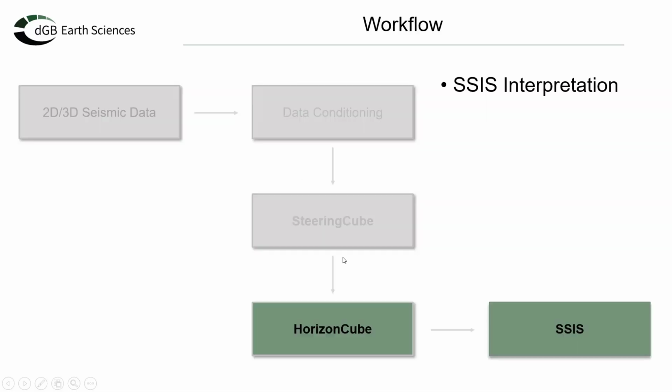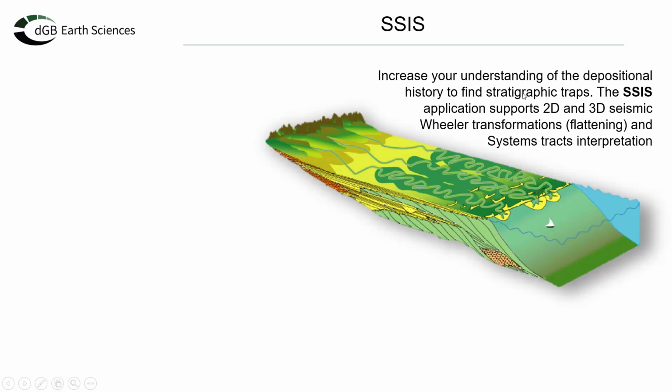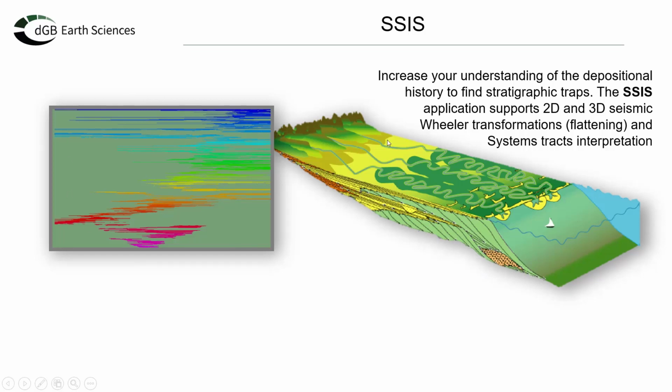Now, after we have the HorizonCube, we can then move on to the SSIS interpretation itself. The idea here is to increase the understanding of the depositional history and find stratigraphic traps. We can utilize both the structural domain and the Wheeler flattened domain.